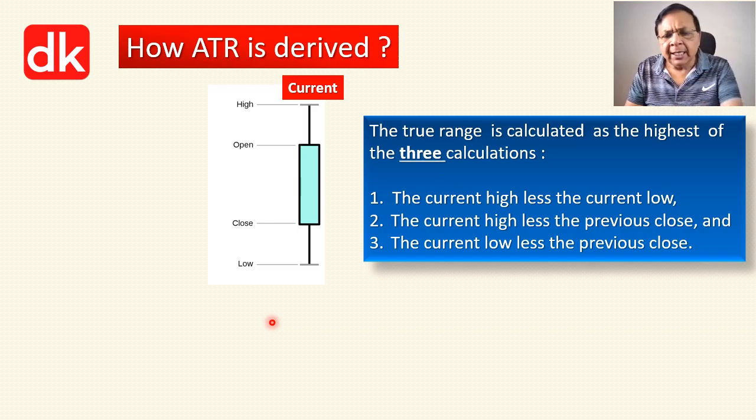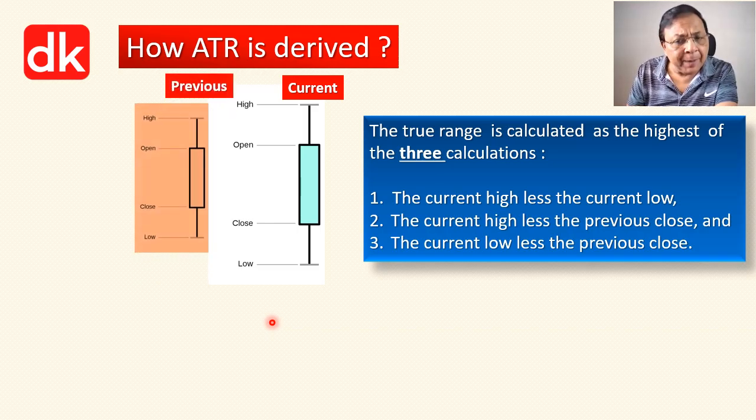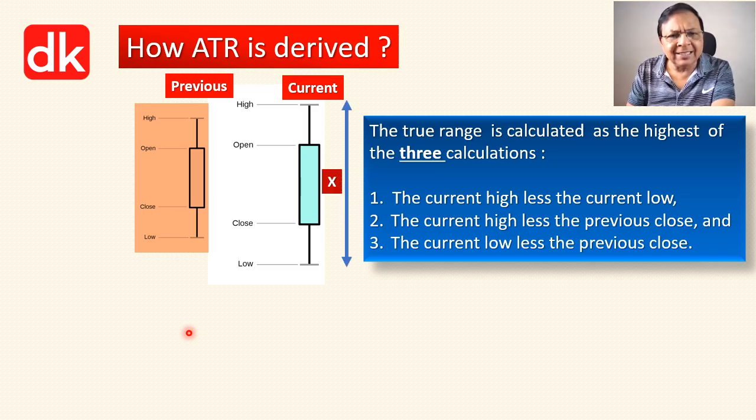Now the second candle is the prior candle, the candle which has formed prior to the current candle. In this also high, open, close and low are marked. Now the first calculation is this: we measure the entire range, which is X.